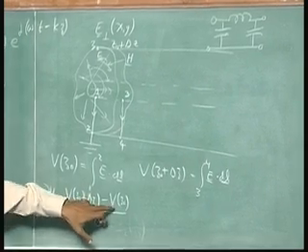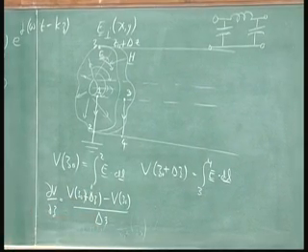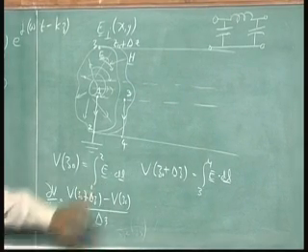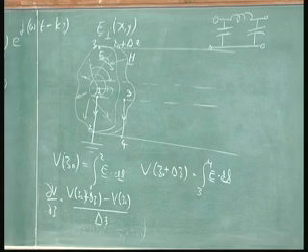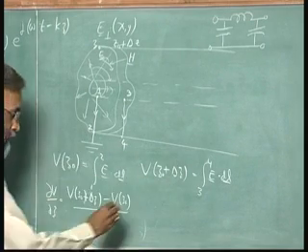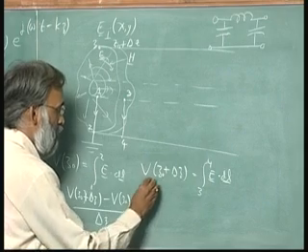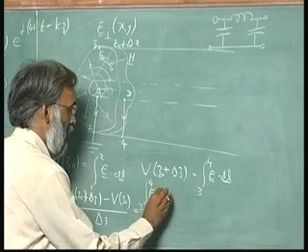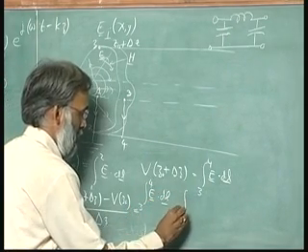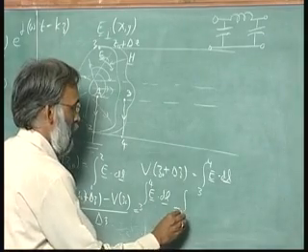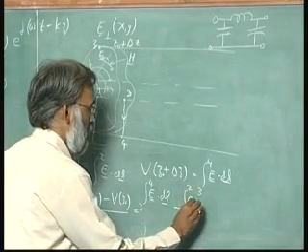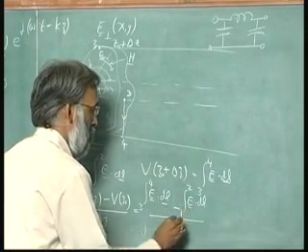Take the difference of voltage and divide by the difference in position and take that difference to 0. But that is equal to integral 3 to 4 E dot dl minus integral 1 to 2 E dot dl over delta Z.